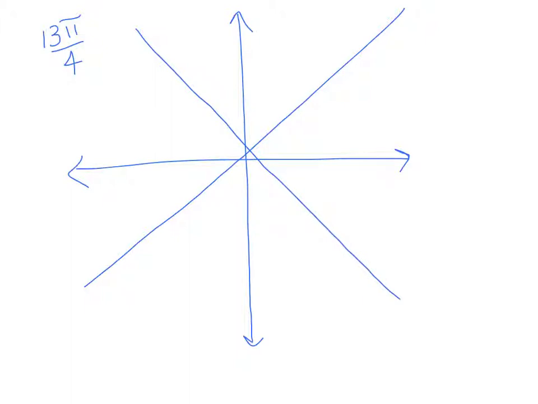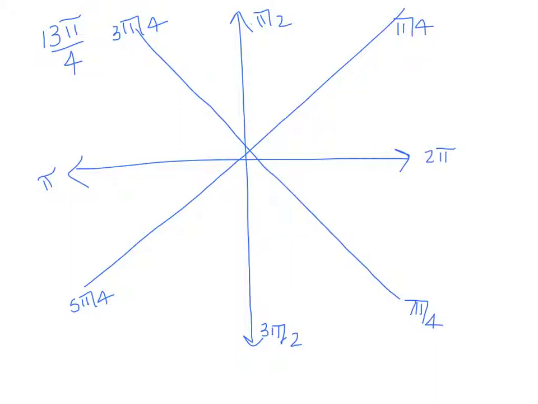So this will be 1 pi over 4, 2 pi over 4, which is pi over 2, 3 pi over 4, 4 pi over 4, 5 pi over 4, 6 pi over 4, 7 pi over 4, 8 pi over 4, which is 2 pi. Alright, I now have to do 13 pi over 4.